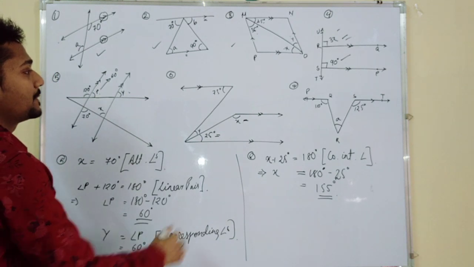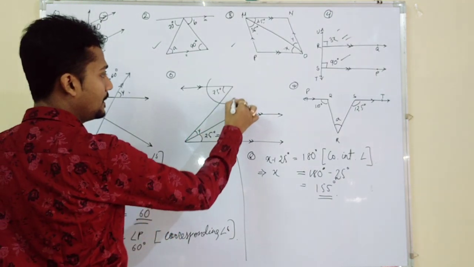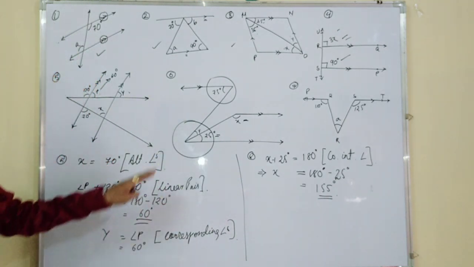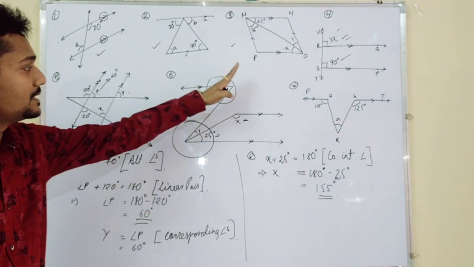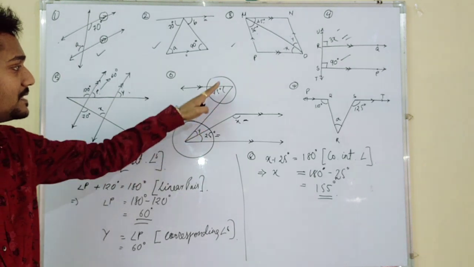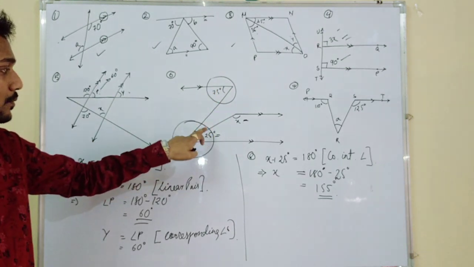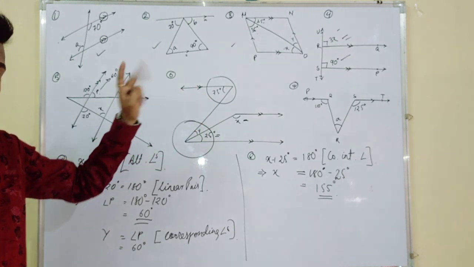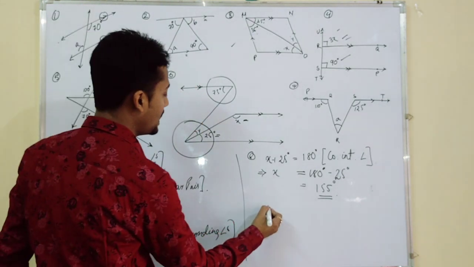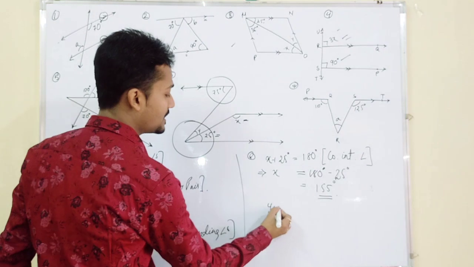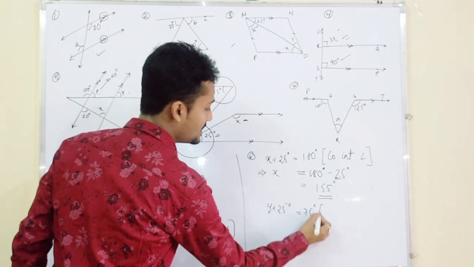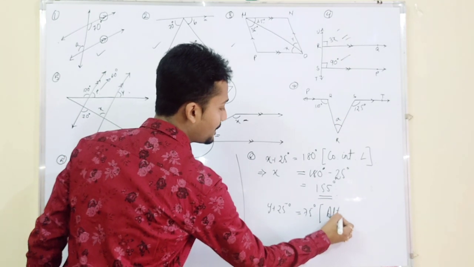Now see, this particular angle and this particular angle, if you see carefully, this is parallel to this and this is the transversal. That means they are alternate angles. y and 25 together and 75 degree are alternate angles. That means y plus 25 degree is equal to 75 degree. Reason? Alternate angles.